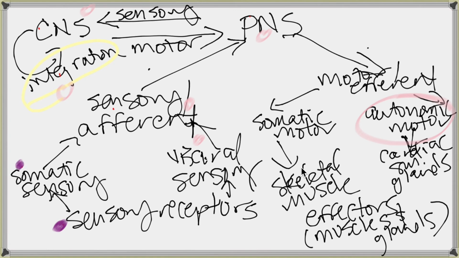So I send that somatic sensation through the afferent division of the peripheral nervous system to the central nervous system for integration. Good. And then my central nervous system says too hot, and it sends information out through the peripheral nervous system. But then this time, do I go sensory or motor? I go motor or efferent division, and I'm going to move skeletal muscle.